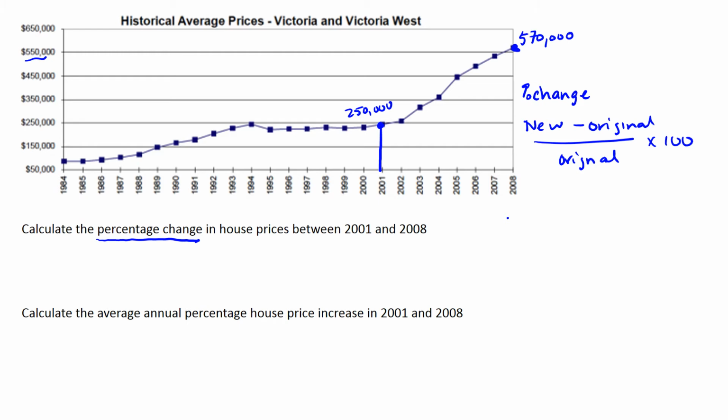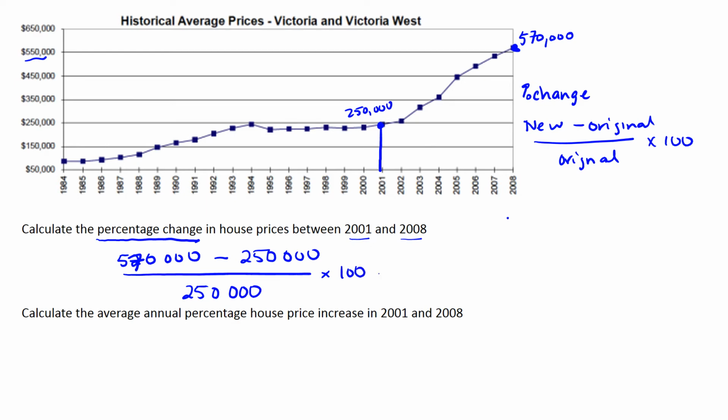We're going to use our formula for percent change from the last skill, which is the new minus the original divided by the original value times 100. Between 2001 and 2008, the new value is in 2008, which is $570,000 minus the original, which is $250,000, divided by $250,000, and we multiply that by 100.